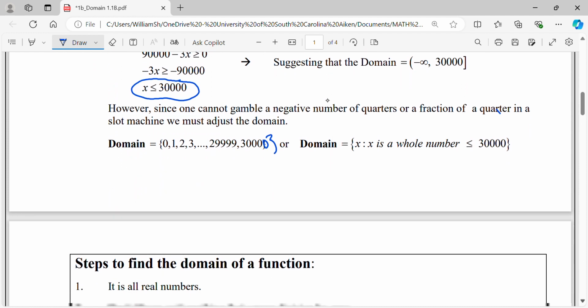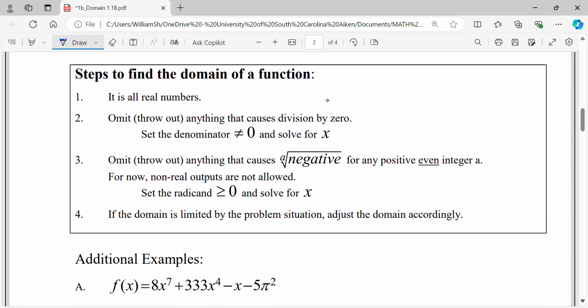Now, this leads us to the steps that we're going to follow to find the domain of the function. Step number 1, we're going to assume that it's all real numbers from negative infinity to infinity, but we might have some exceptions to worry about. Second, we're going to throw out or omit anything that causes division by 0 by setting the denominator not equal to 0 and solving for x.